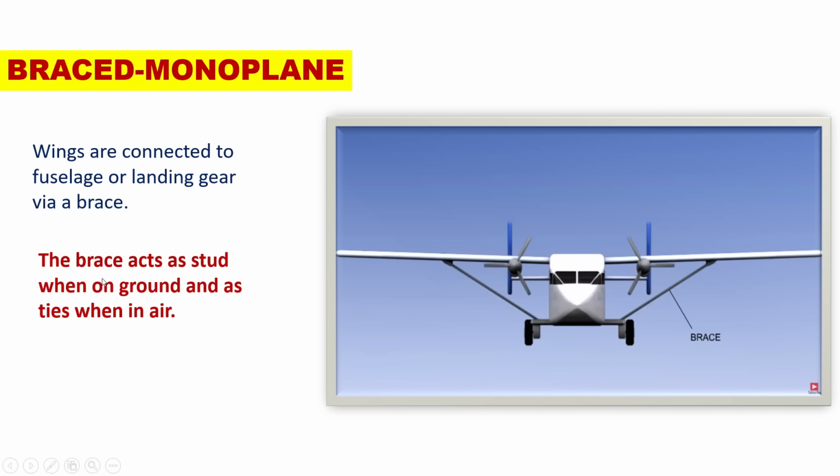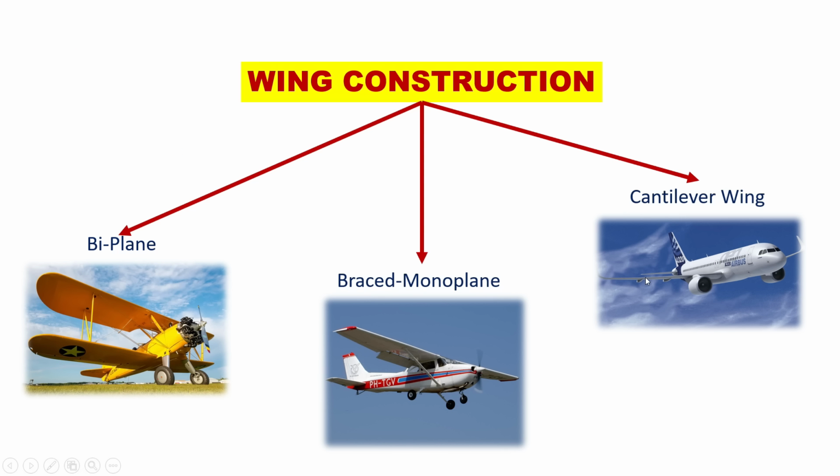Right. Second is braced monoplane. In a braced monoplane, the wings are connected to the fuselage or landing gear via a brace. Okay, this is very interesting. This is the wing. It is attached to either the landing gear in this case, or it might also be attached to the fuselage, like you have seen in this image.